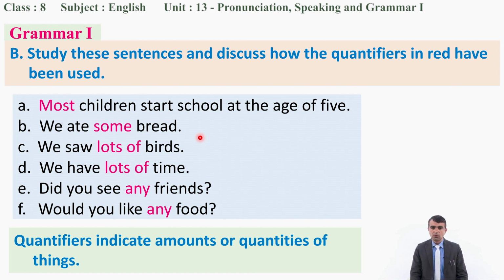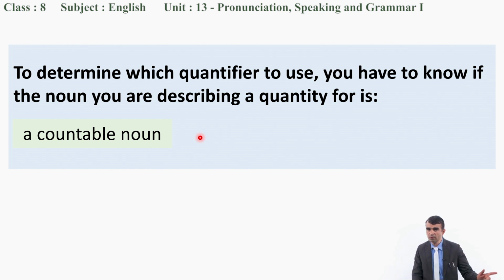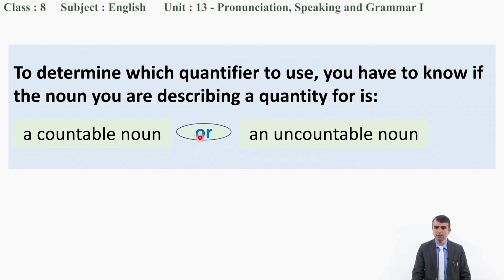Well, to determine which quantifiers to use, you have to know if the noun you are describing a quantity for is a countable noun or uncountable noun. So you should use the quantifier accordingly.